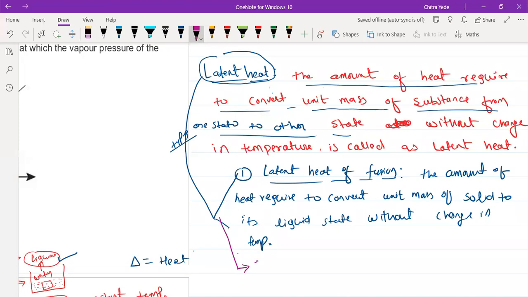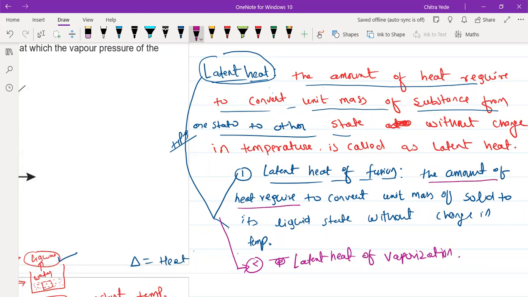Okay, second we have latent heat of vaporization. What you have to write?